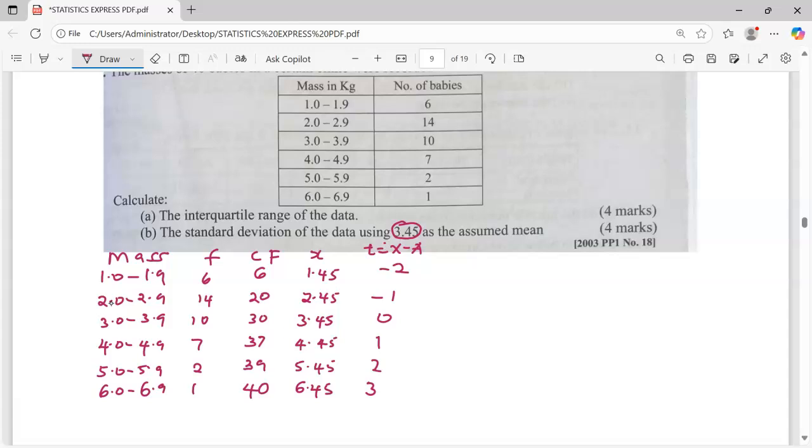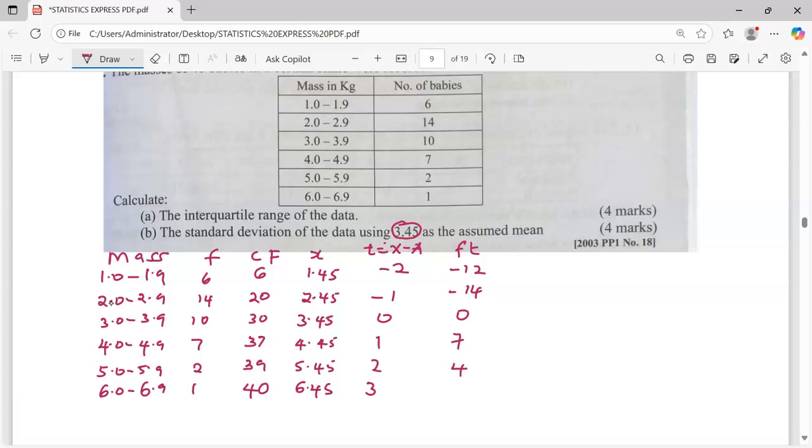We move and get the ft by taking t times frequency. So 6 times negative 2, you get negative 12. Negative 1 times 14, you get negative 14. Then 0 times 10, you get 0. 1 times 7, you get 7. Next, 2 times 2, you get 4.